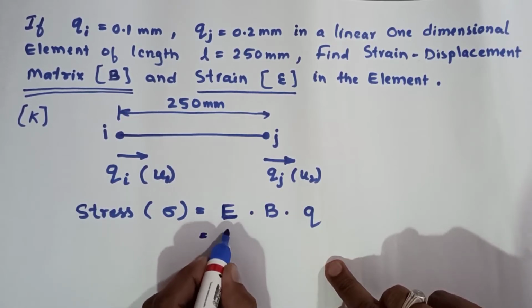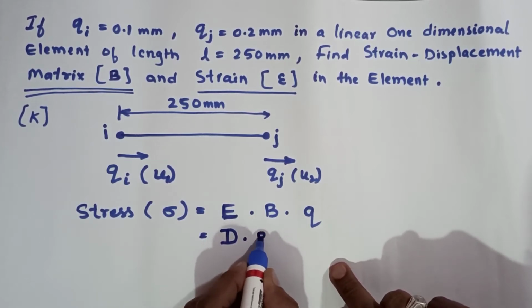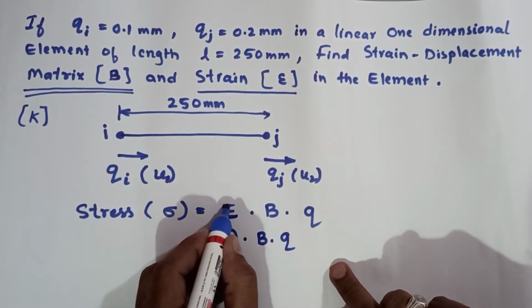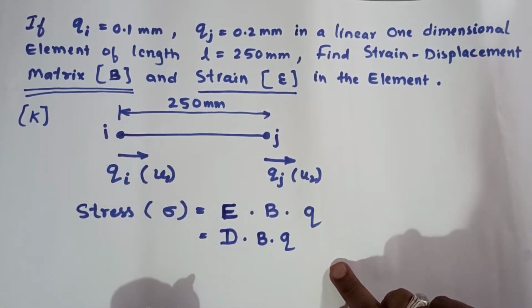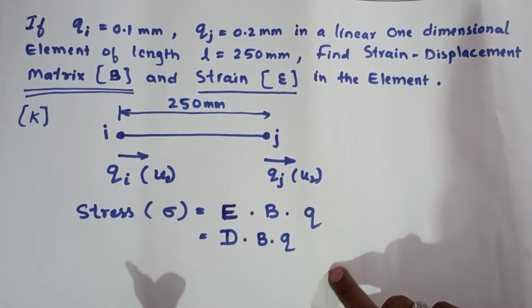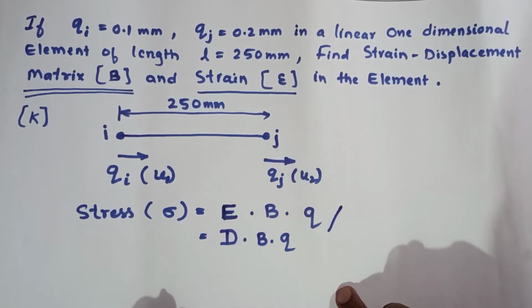In another form it can be defined as D B Q also, because the material property can be taken as the properties matrix, so D can be substituted in place of E. You can use either E B Q or D B Q.